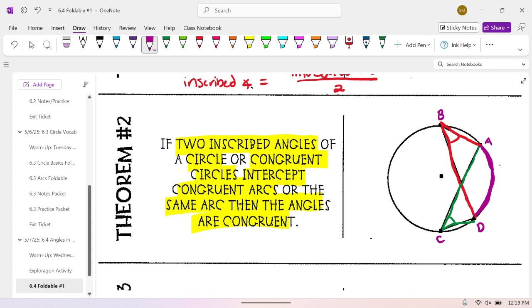Because if you look, this angle ABD has the same arc as ACD. They both share the exact same arc. So by logic, if they share the same arc, what's true about their angle measures? They're congruent. So these two angles are congruent.